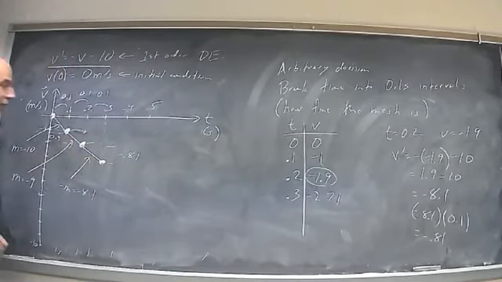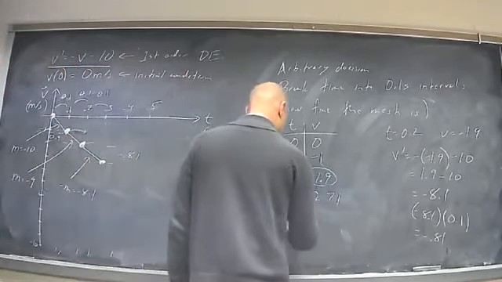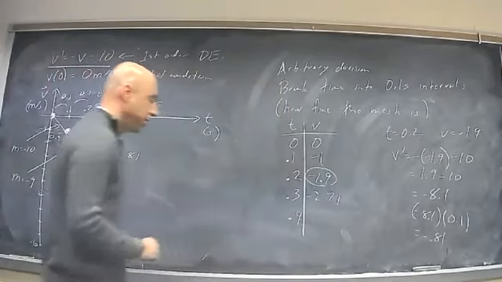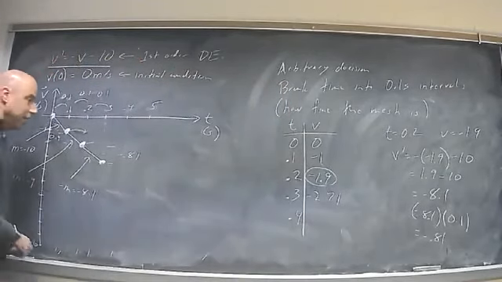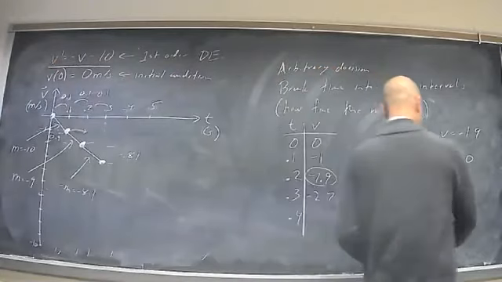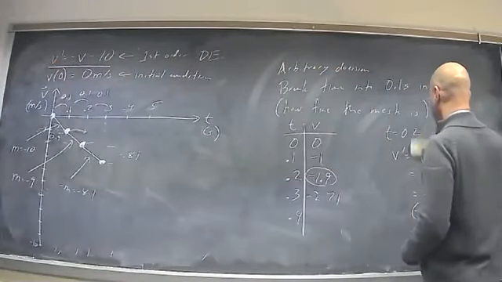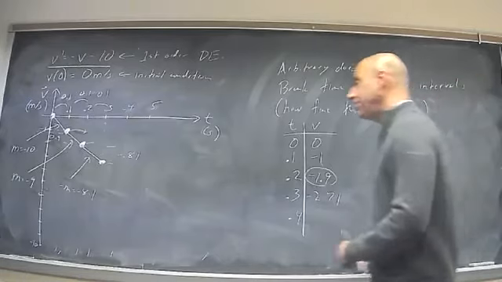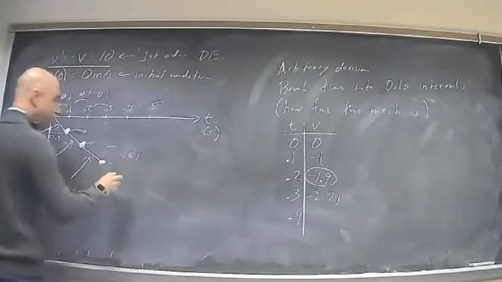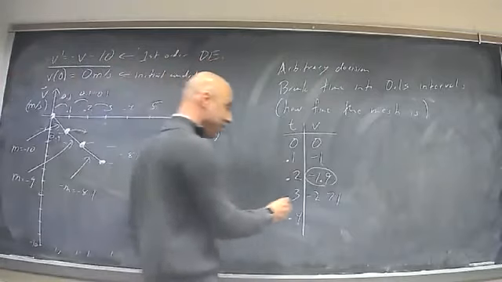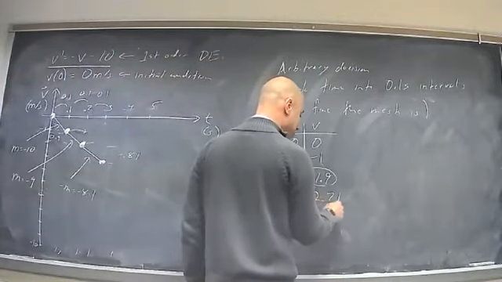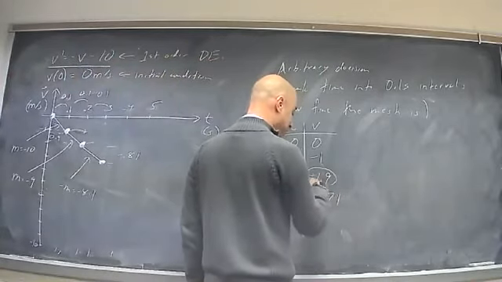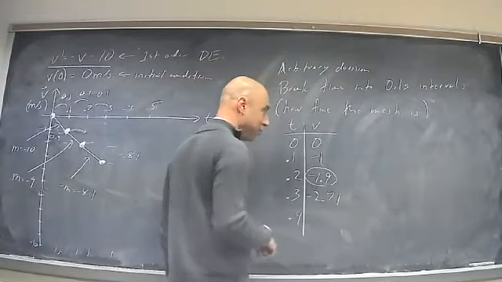Let's just do one more. Let's figure out where we are after 4/10 of a second. Right after 3/10 of a second, I'm at height negative 2.71. That's my velocity, negative 2.71 meters per second.